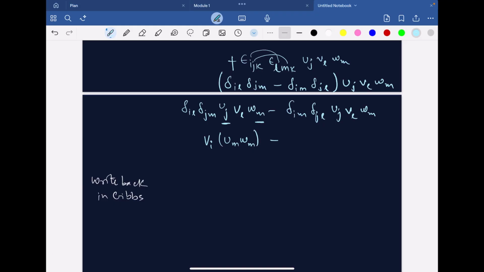Minus: i and m are identical, so I make it i, and then j and l are identical, so I make it l, u_l v_l.